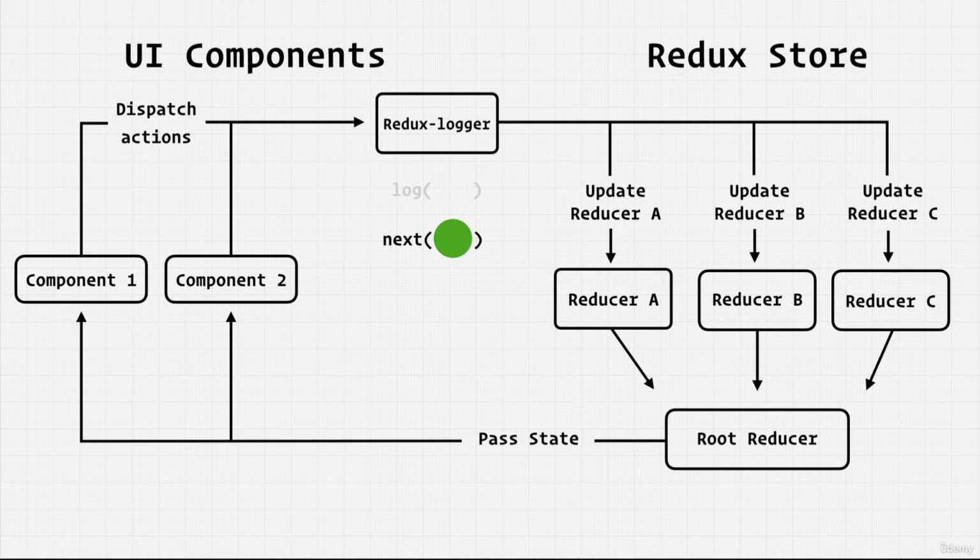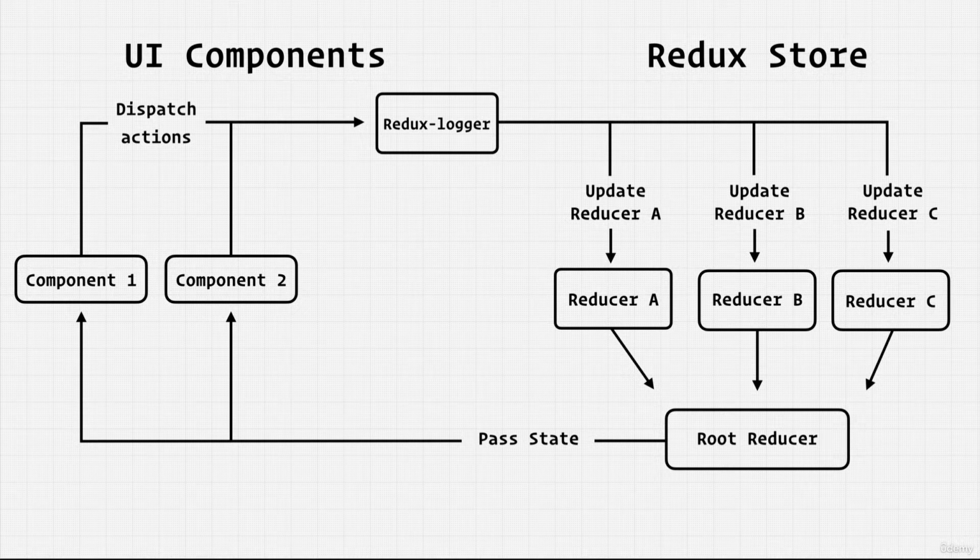And what next does is next will explicitly take this action and pass it down to the remaining flow, whether it's more middleware or into the subsequent reducers, which will receive the action, update accordingly, and then the root reducer updates. So that is the flow that we are familiar with. Once the action enters into the reducers, we know what happens. The root reducer gets updated depending on the value returned by each individual reducer.